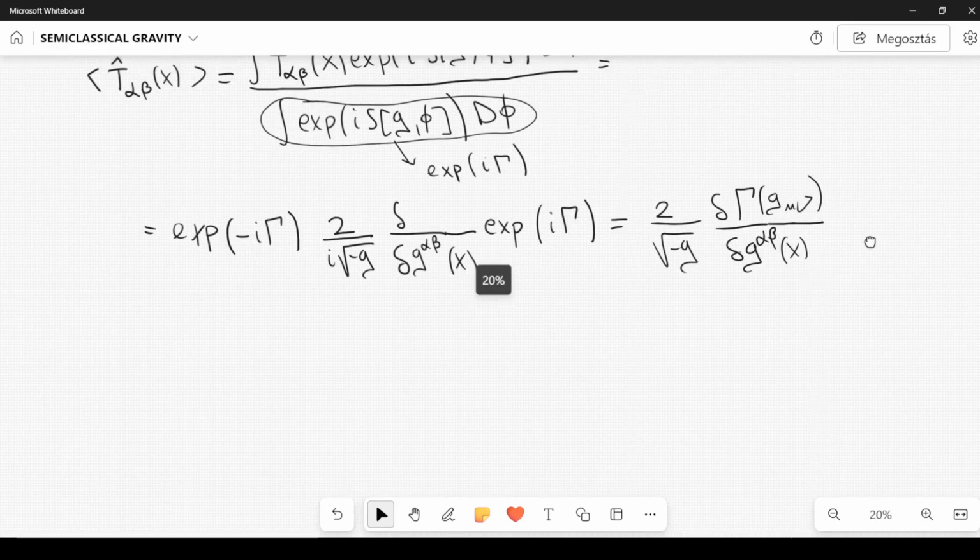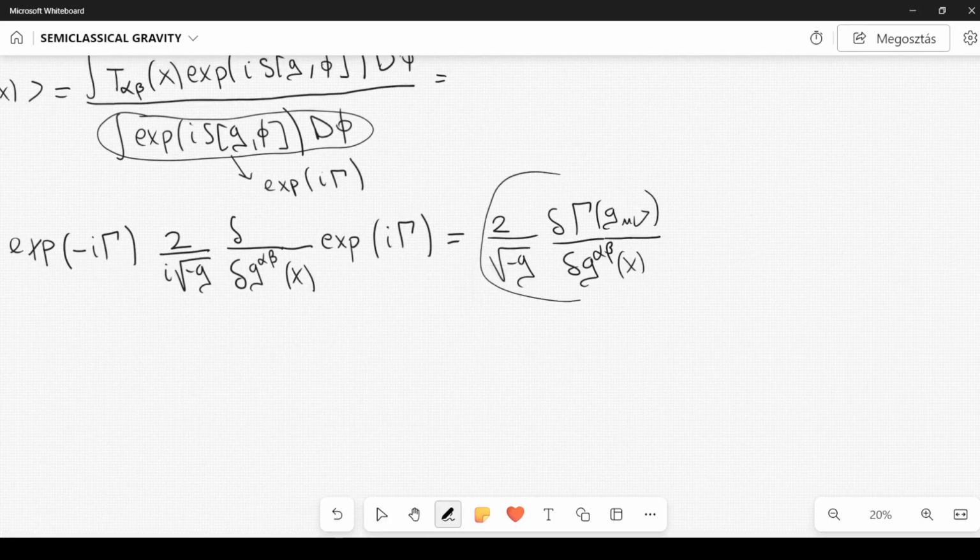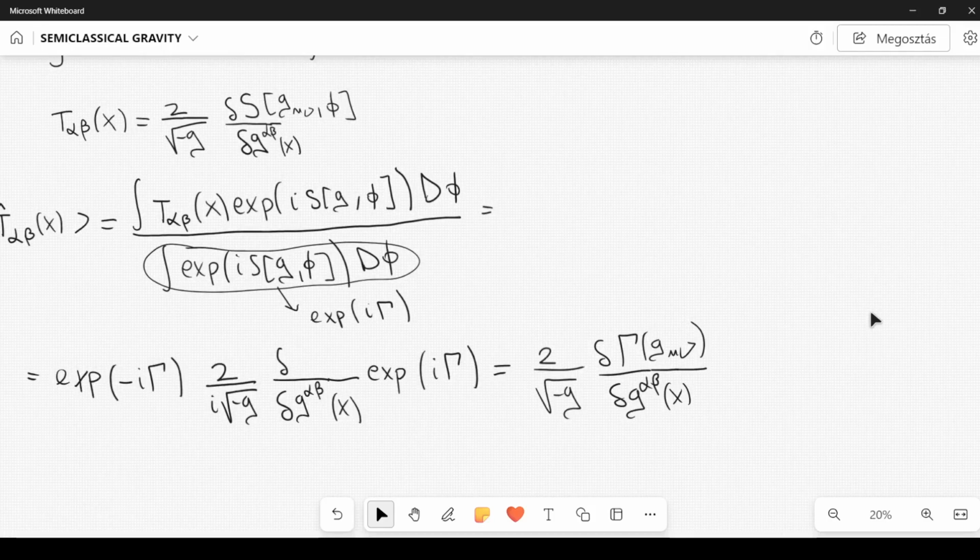Now, at this point, you can see that we have the usual formula that we see in general relativity, where instead of the action, which contains these quantum fields, we just have the action which contains g mu nu, the metric tensor. And if we use the well-known Einstein-Hilbert action, this will simply give us the well-known Einstein field equation. So what we are going to get is something proportional to R alpha beta, the Ricci tensor, minus 1/2 g alpha beta times the Ricci scalar.